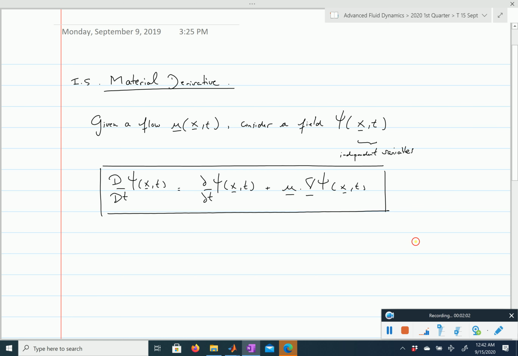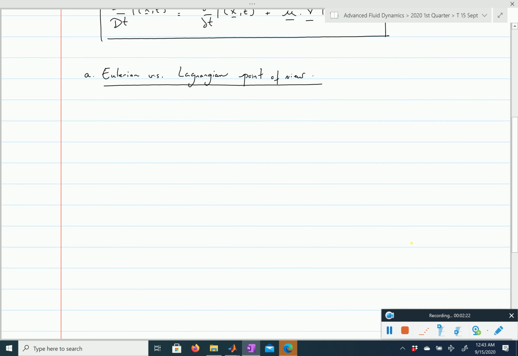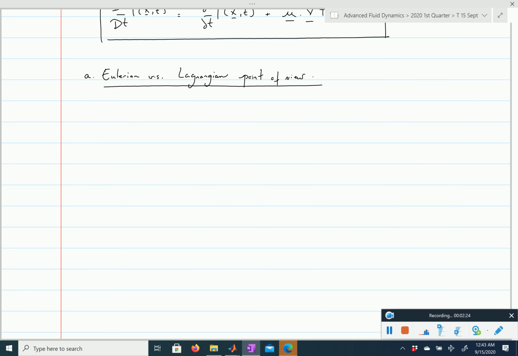Now before we derive this expression and see where it comes from, we need to understand why we need the material derivative. We need to discuss two different ways of looking at the quantity, which is the Eulerian and the Lagrangian point of view. Let's say we're looking at a particular quantity, and I'll call this quantity psi.